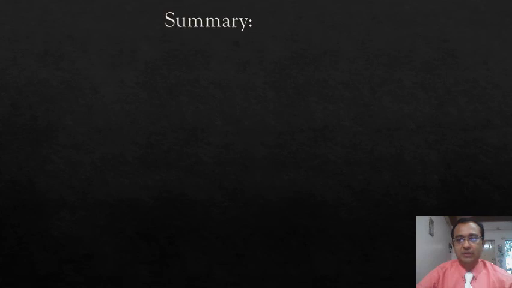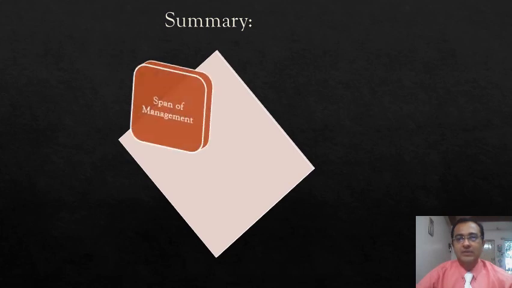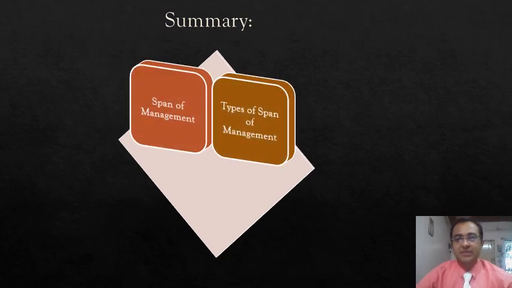Let's have a quick recap about what we have discussed today. We have discussed span of management. We have discussed the types of span of management, which were classified into narrow span of management and wide span of management.